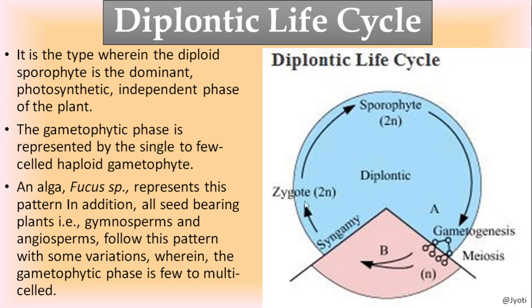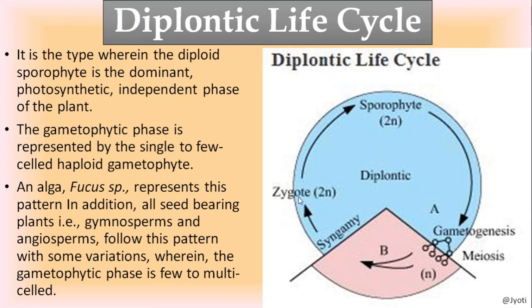It is not dependent on the gametophytic phase. The gametophytic phase is represented by only a few haploid gametes. Here you can see the gametes are produced. So the sporophytic phase is long lived or dominant. That's why this type of life cycle is called diplontic life cycle.